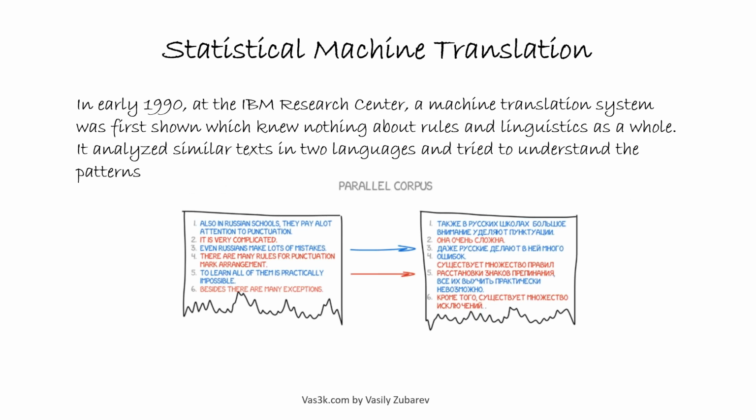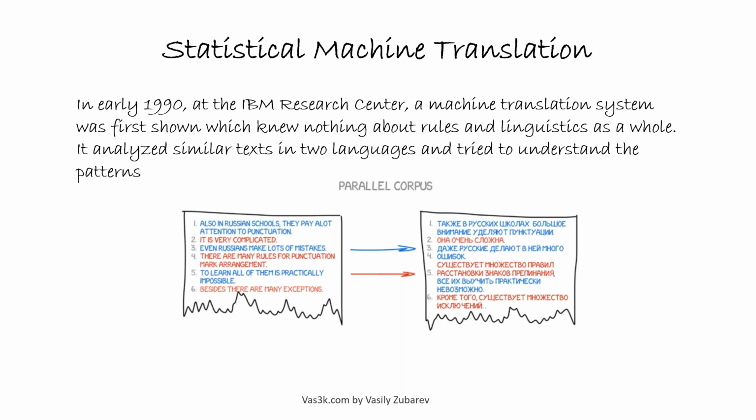In the early 1990s, at the IBM Research Center, a machine translation system was first shown which knew nothing about rules and linguistics as a whole. It doesn't need to know linguistics or any rules as such. You don't need too much expertise to translate.